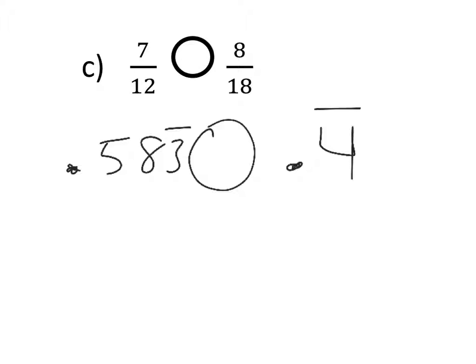Now since they're both positive, I just need to say, okay, what number is bigger? Well, this one has a 5 in the tenths place, this is a 4. 5 is definitely bigger. So my answer is 0.583 repeating is greater than 0.4 repeating.